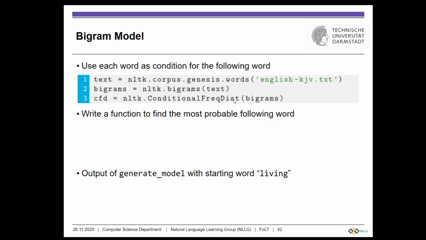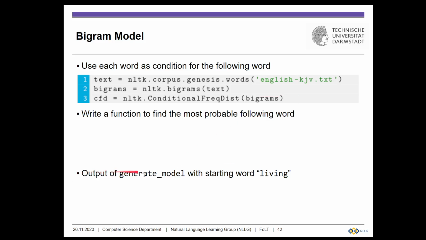Now your task is to generate text with this CFD. How do we generate text with this? We would first write a function that, for each given word, you give it a word, and it finds the most probable next word using this conditional frequency dist.